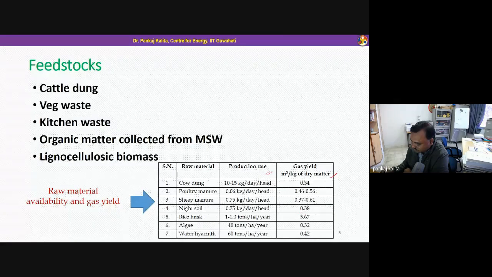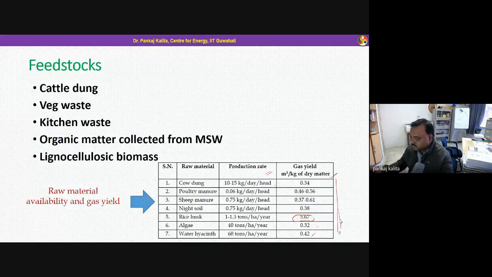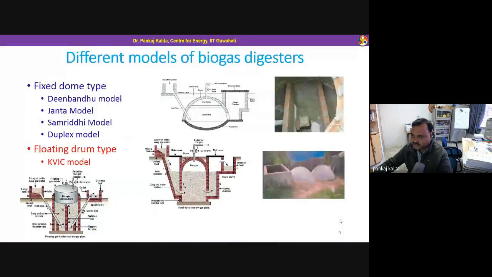It's significant: about 1.1 to 1.13 tons per hectare per year, and its potential is about 5.67 cubic meter per kg of dry matter. Algae we also have, then water hyacinth. So these are the potentials of biogas, how much biogas we can generate per kg of dry matter. We can use those biomasses as a feedstock for energy generation in an anaerobic digester.